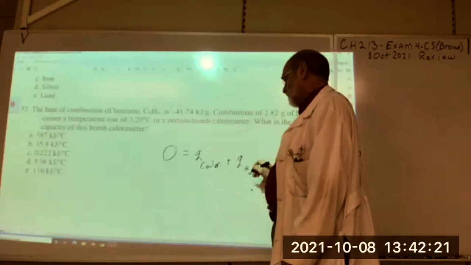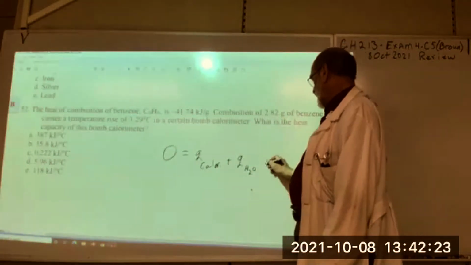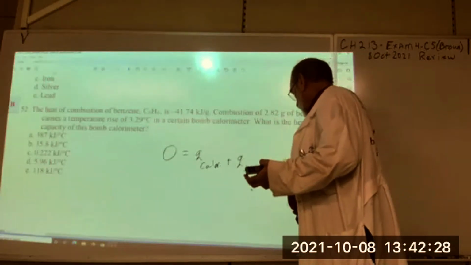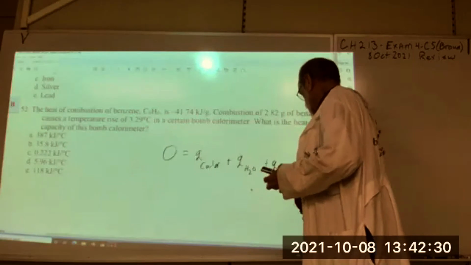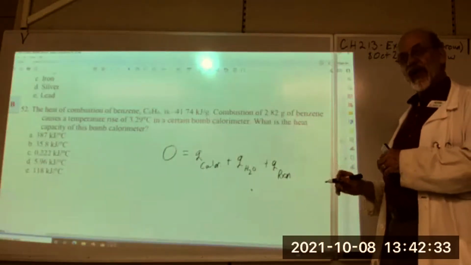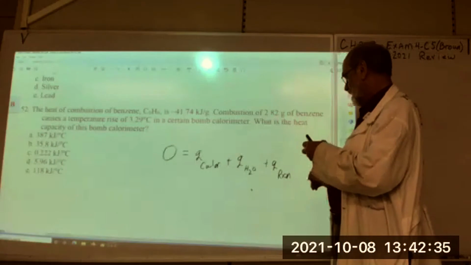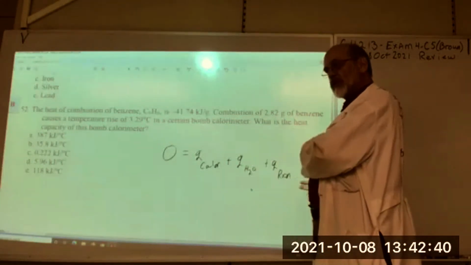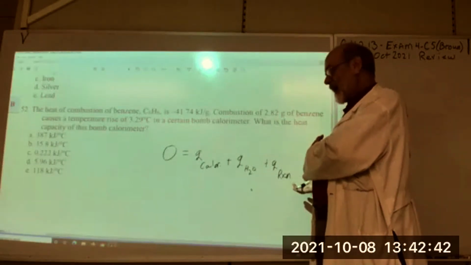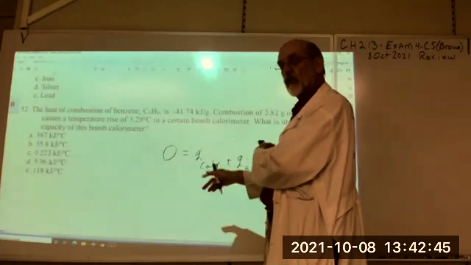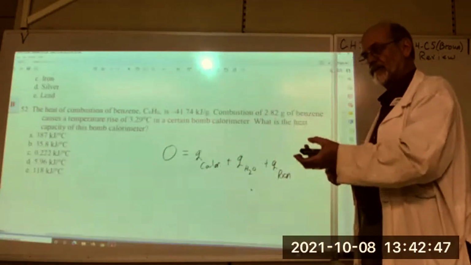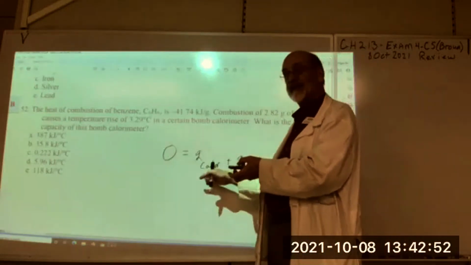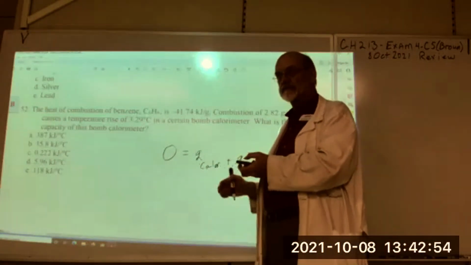Maybe there's water in there, or maybe there's Q of the reaction. Maybe we have a reaction going on in the vessel in a solution. So there's an amount of water, plus there's a Q produced by the reaction. And then the calorimeter either absorbs or gives up heat. If it's an endothermic reaction, it might suck some heat out of the calorimeter. We have to account for that.